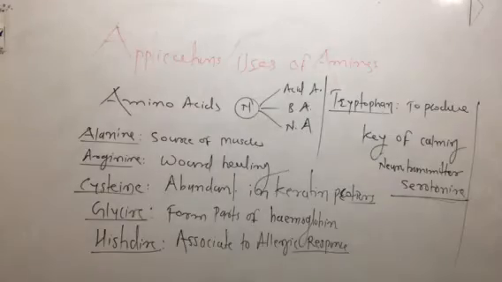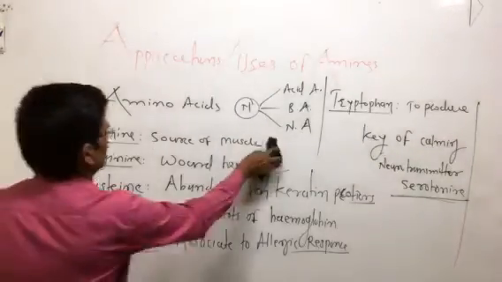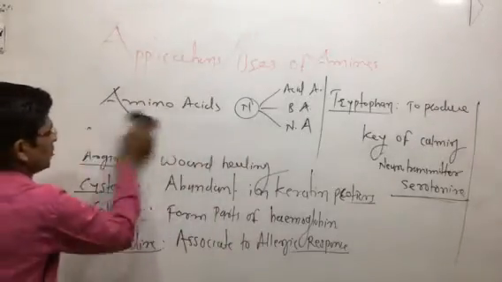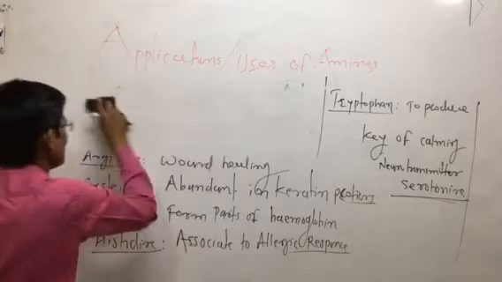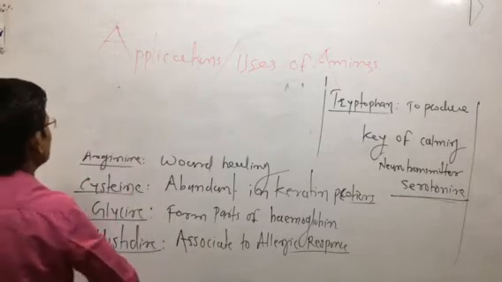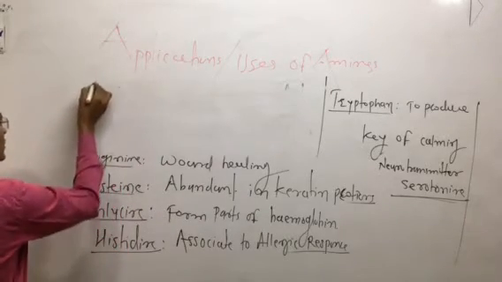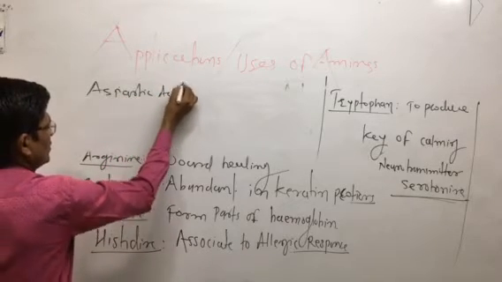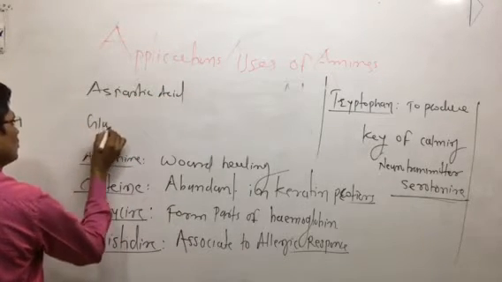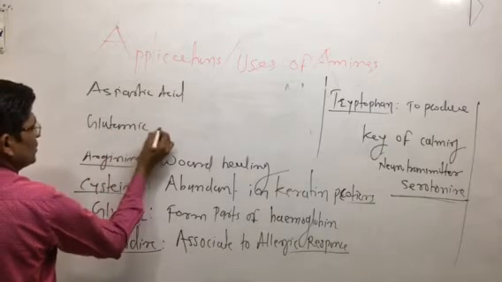Again, the next amino acids are acidic amino acids. One acidic amino acid is aspartic acid, and the next is glutamic acid.